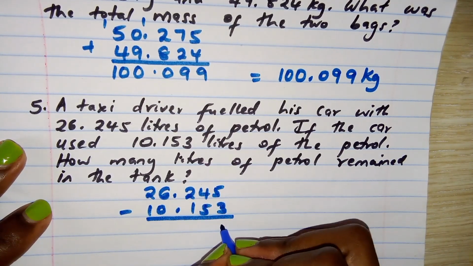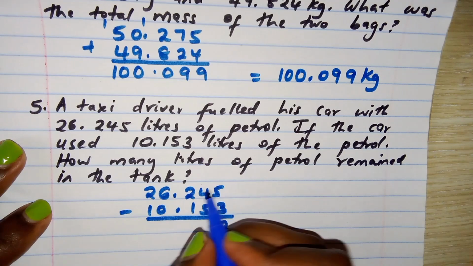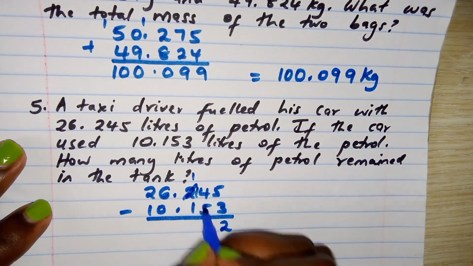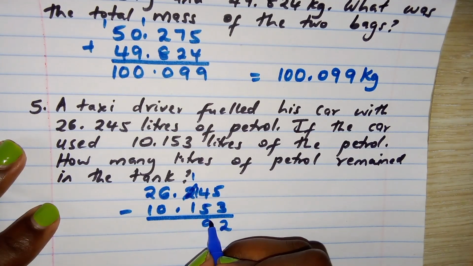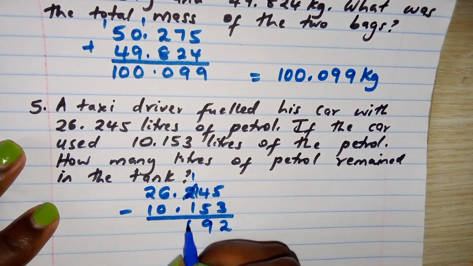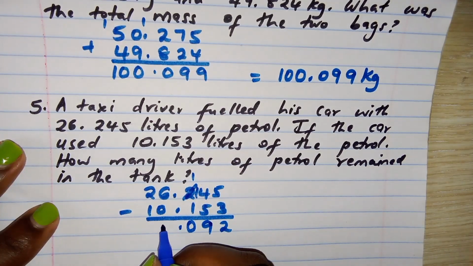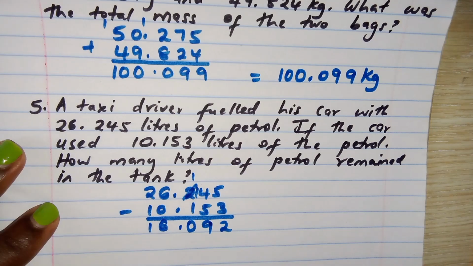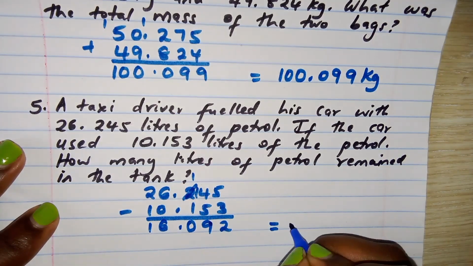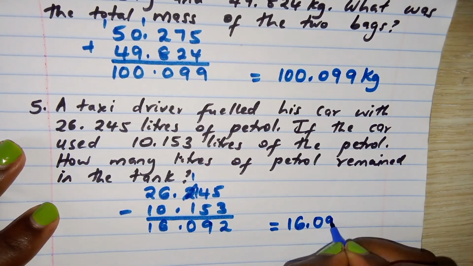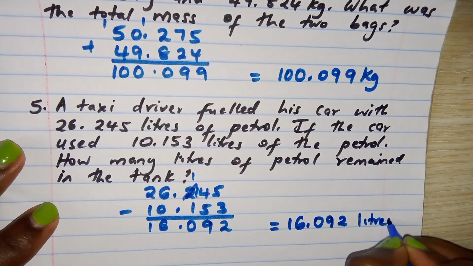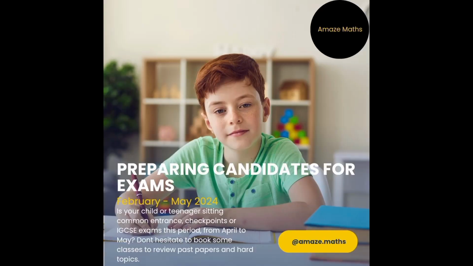So 5 minus 3 is 2. 4 minus 5 is impossible, borrow. You get 14 minus 5, 9. 1 minus 1, 0. 6 minus 0, 6. 2 minus 1, 1. So the answer is 16.092 liters of petrol remained.